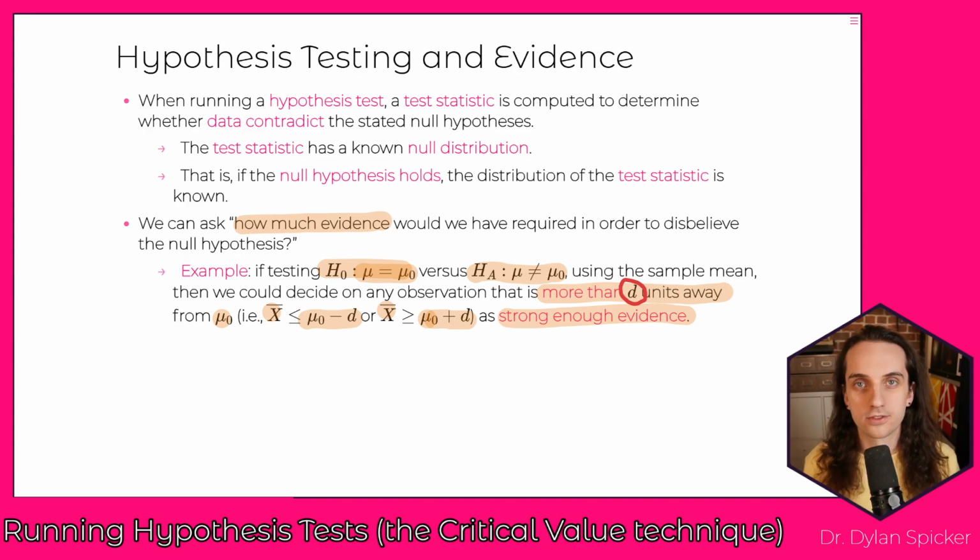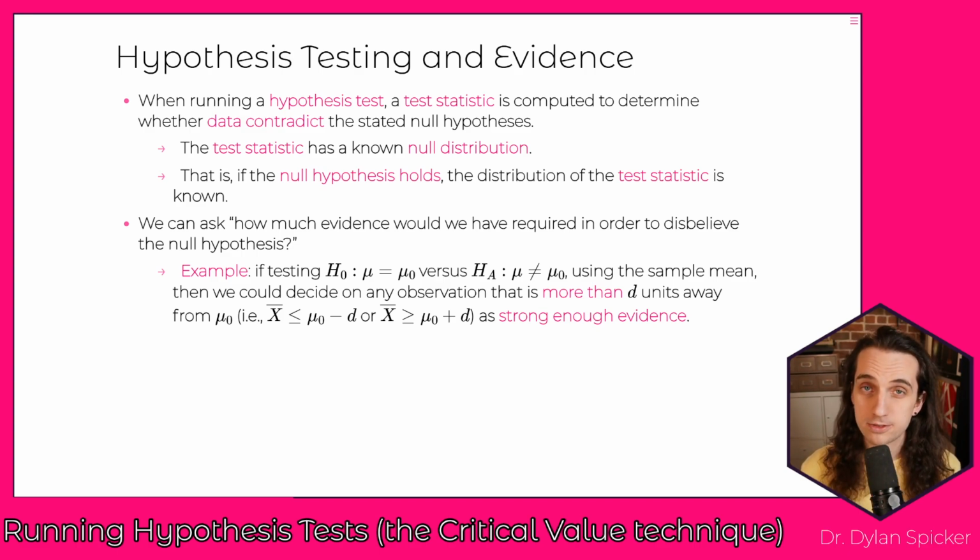Perhaps that's your standard. In that case, you'd be taking d equal to 20. If you observe the expected number, 50, minus 20, so 30 or fewer, or the expected number plus 20, so 70 or more, then you would doubt that this is true. But if you don't observe something that extreme, then you have no reason to doubt the null hypothesis.